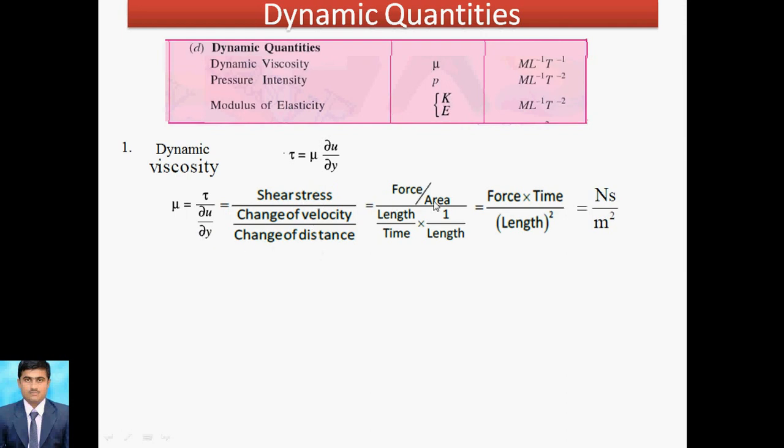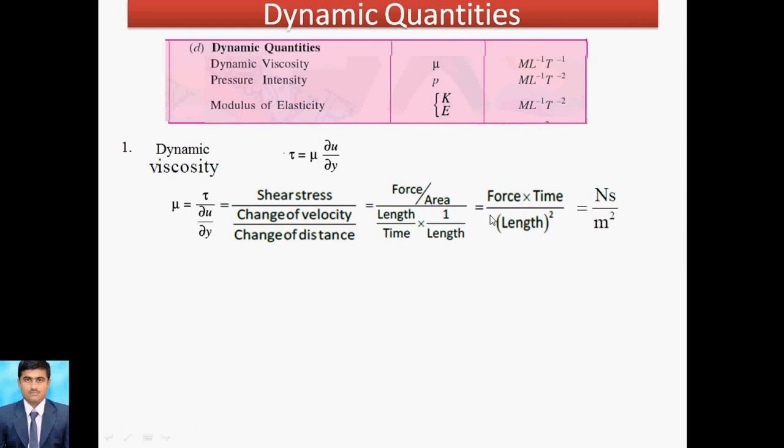Shear stress means force upon area. Change of velocity means length upon time, into 1 upon distance, which is length. So this length gets cancelled out, and the time in the denominator comes to the numerator. That's why it is force into time divided by area.